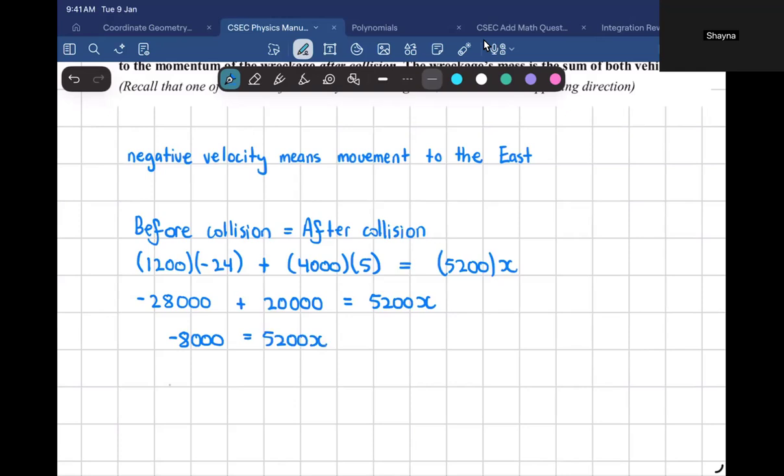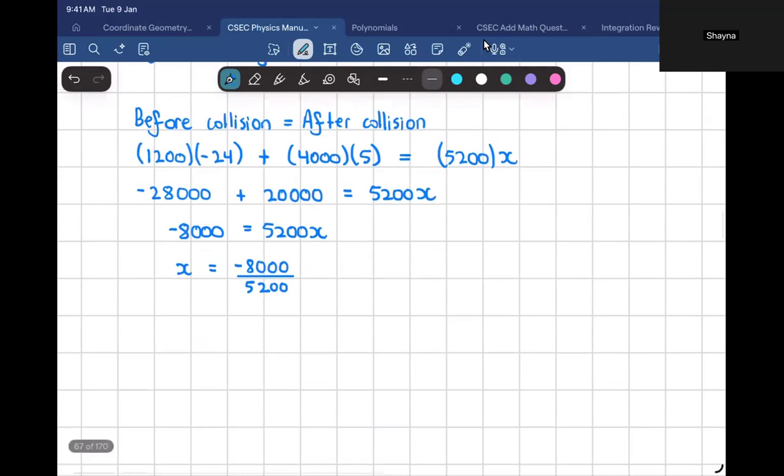So how would I solve for x? You divide on both sides by 5,200. Right. And you would get minus 8,800 all over 5,200. So the zeros would cancel off. So it's essentially minus 88 over 52. What is minus 88 over 52?